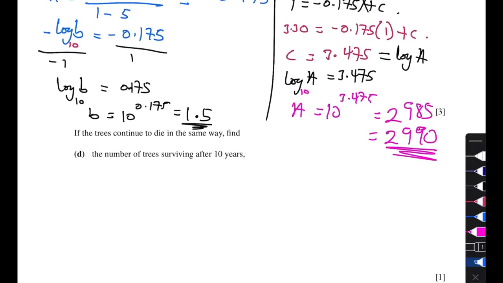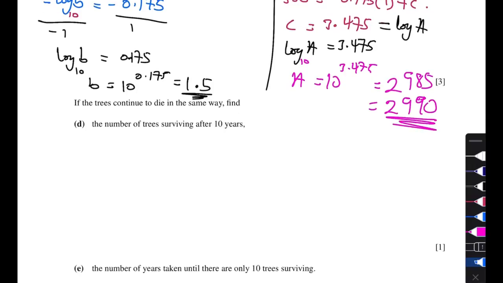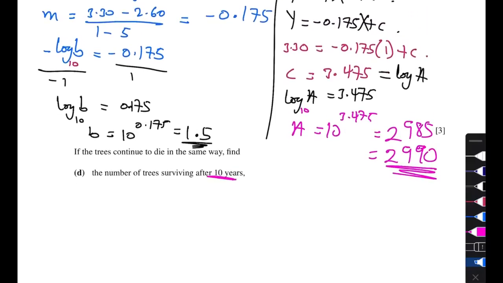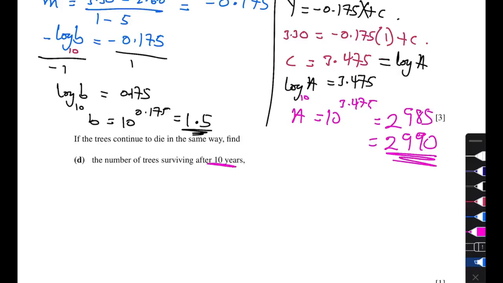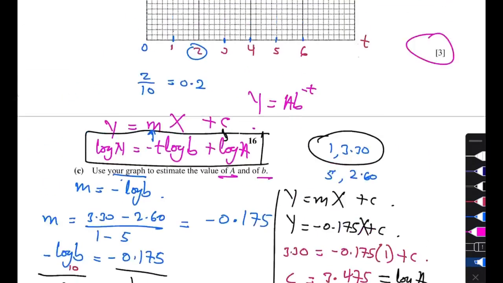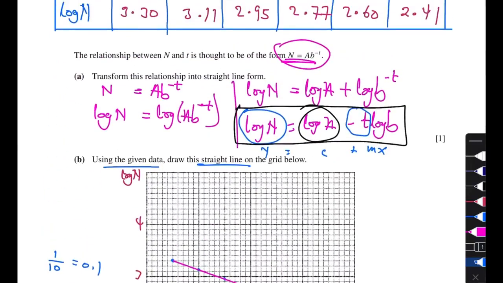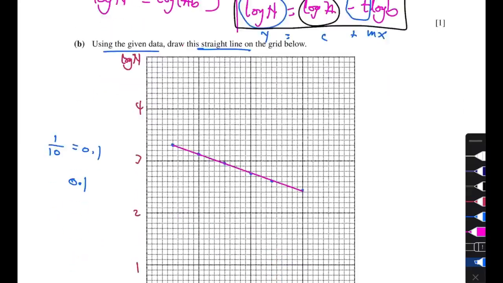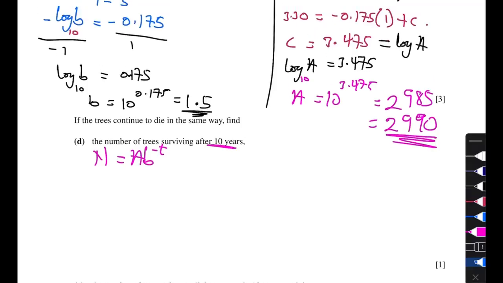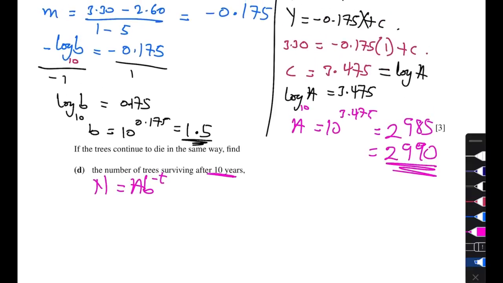The next thing is, if the trees continue to die the same way, find the number of trees that will survive after 10 years. You have calculated your values for both a and b already, so with the function they gave you, n is equal to a times b to the power negative t, you know the value of a and of b.